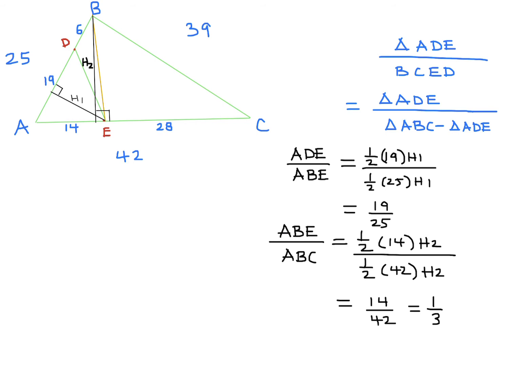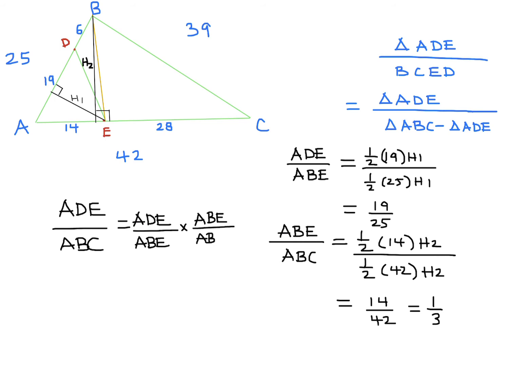Yeah. Okay, great. So now we can look at ADE and ABC. And that's very helpful because that's the triangles that are in our big ratio that we have to find. Well, I'm going to use what I just figured out. ADE over ABC is essentially ADE over ABE times ABE over ABC.